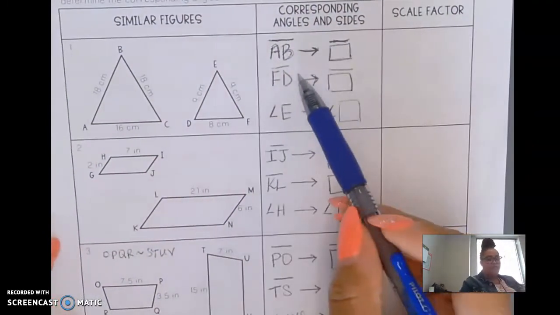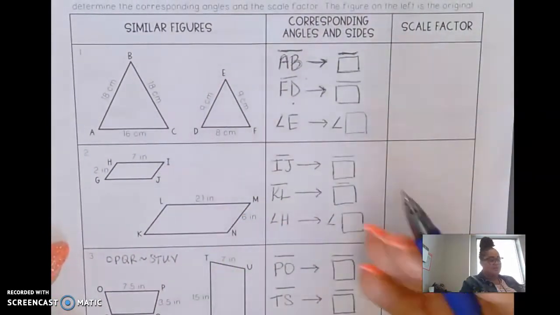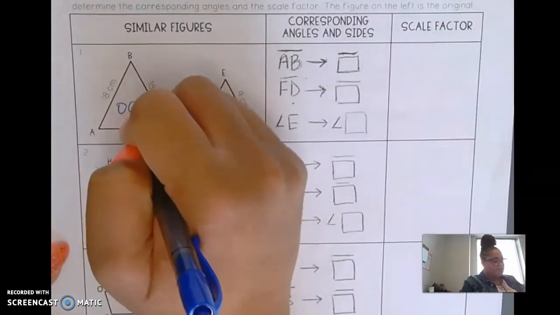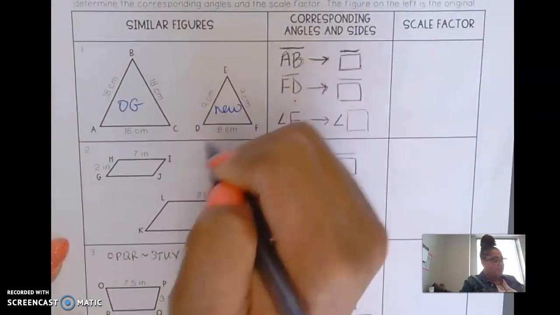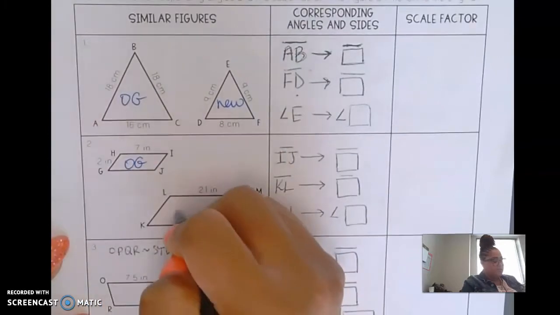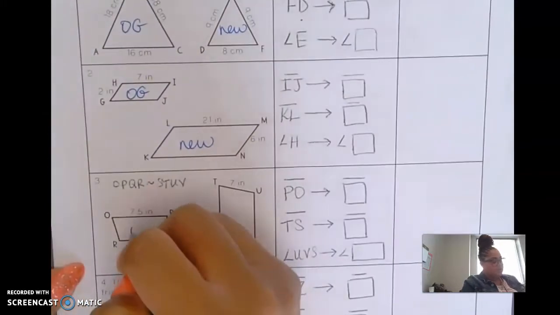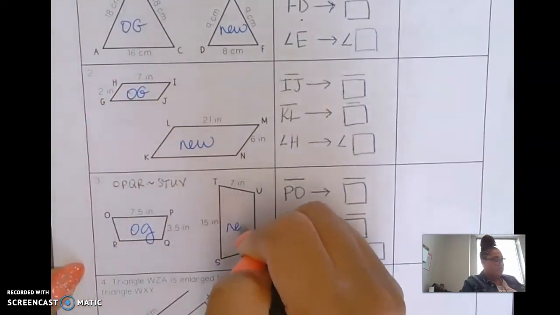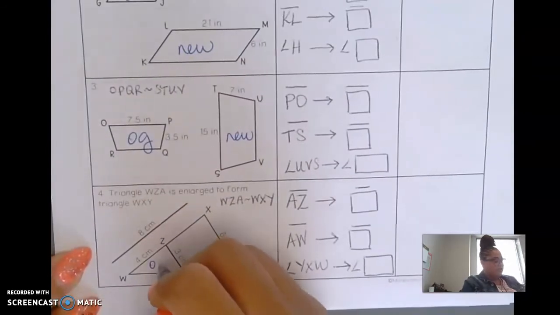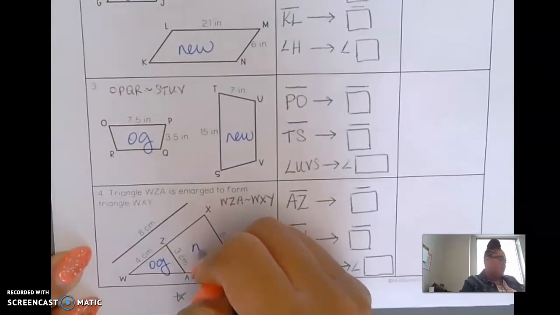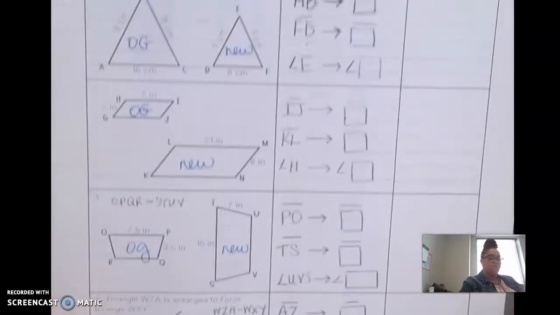So then when you get started on your homework, you've got these shapes here. So this is original, and this is new. This is original, this is new. This is original, this is new, and then this is my original, and then this is my new shape.